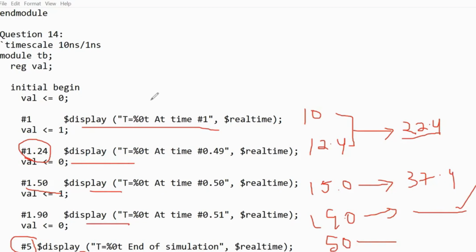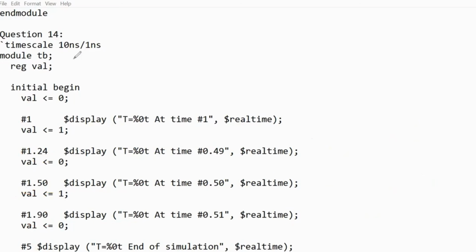So this is how the timescale works. 10 nanoseconds by 10 nanoseconds: 10 by 10 is 1, so with every delay you need to add 1. If I give 1 nanosecond by 1000 picoseconds, then 1000 will be the value and you need to multiply with 1000. Like that you can increase the delays and check the value.